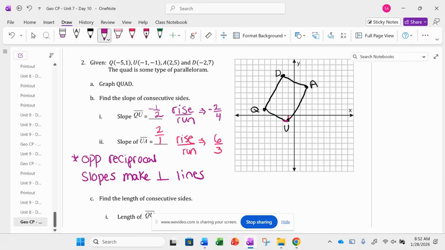That means where QU and UA touch. So where do QU and UA meet? At what point? Don't they touch on U? That means where they touch is going to be a right angle.